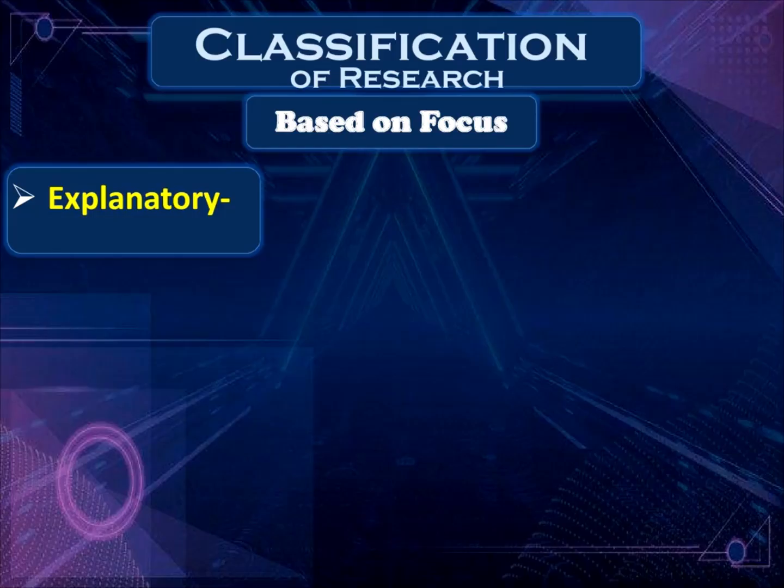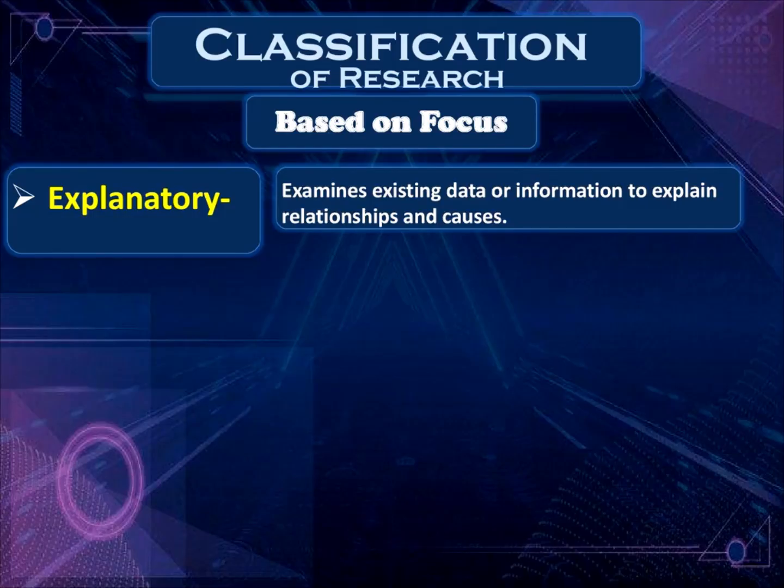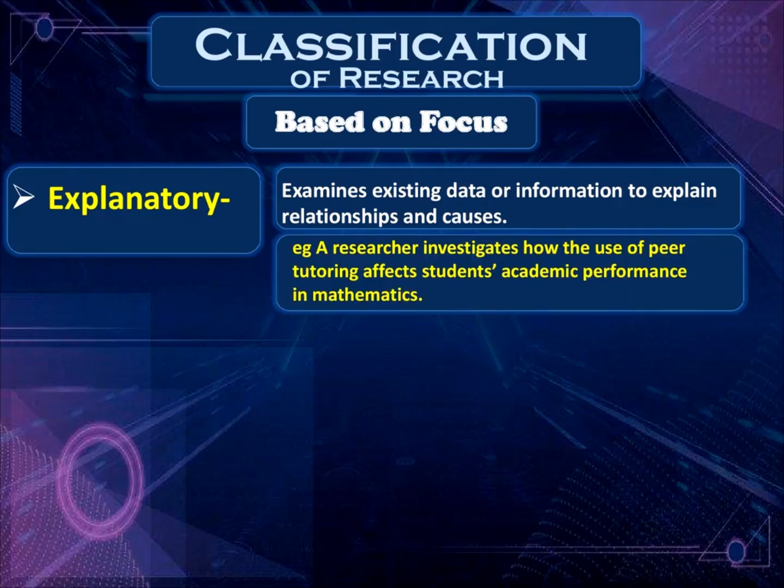Explanatory research, what formally it says, is: examines existing data or information to explain relationships and causes. Whatever has happened, you sit with the data and try to explain the relationship: why this happened, what happened, and so on. The example: a researcher investigates how the use of peer tutoring affects students' academic performance in mathematics.